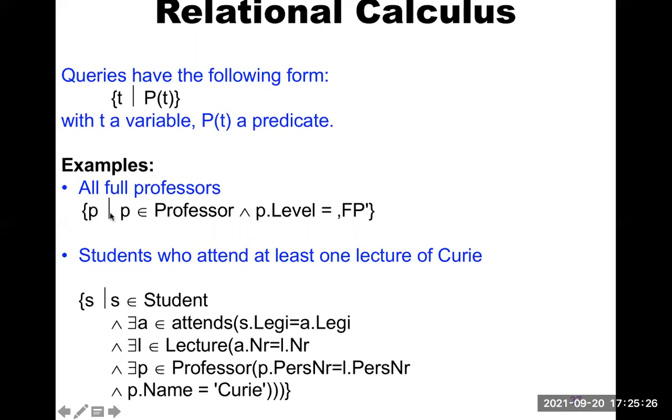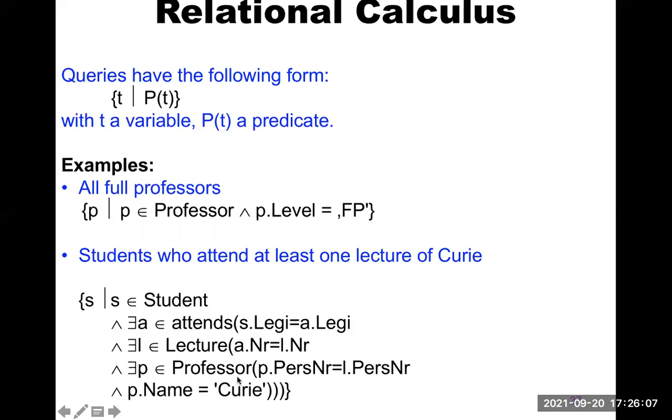So I want to search all the objects P such that P is a record from professor, a tuple from the professor table, and P dot level is equal to this. Or I want to find students who attend at least one lecture of a given person, Curie. So I want to find such objects. Each object is a student tuple, and there exists another object from the attends table with such a condition, and such a lecture, and there exists an object from the lecture table.